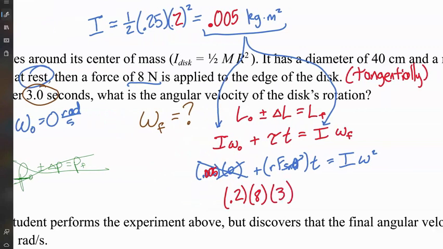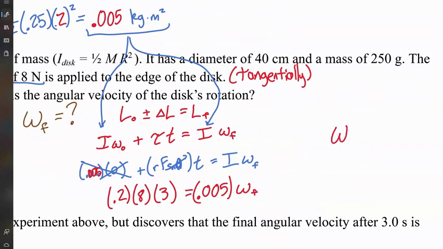So r F times time equals I, 0.005, times omega. Wow, I made a lot of mistakes here. That should not be omega squared, it should just be omega final. I am so sorry. So I times omega final, and now we can get omega final.